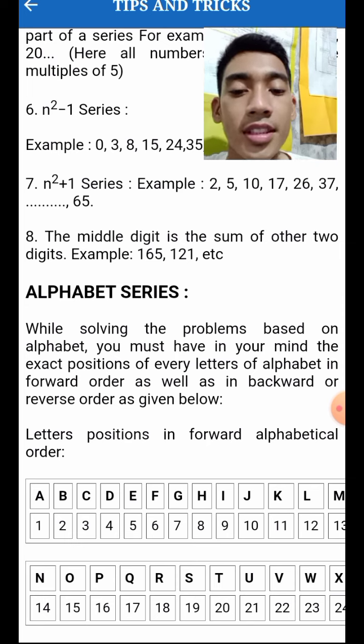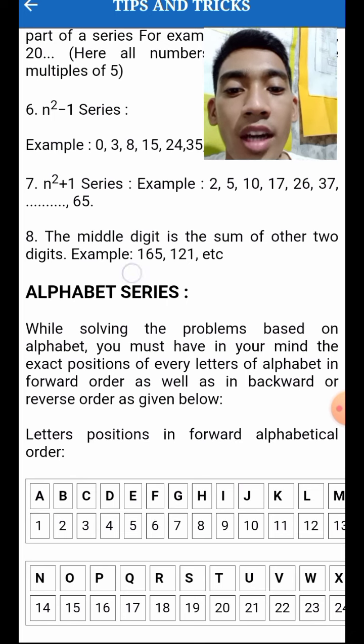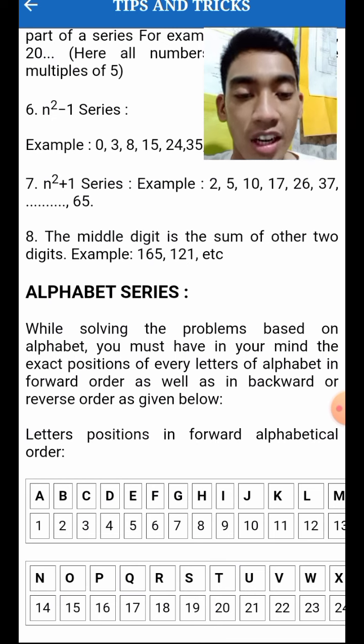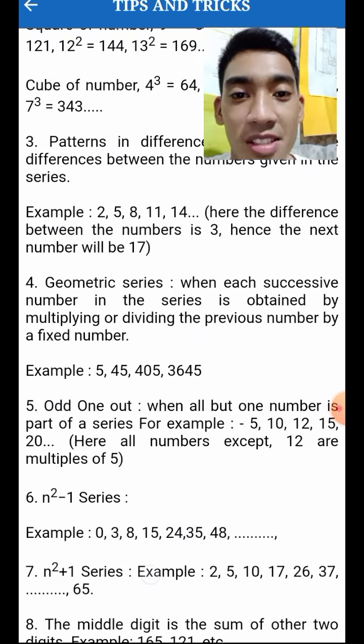Our middle digit here is 6, and if you add 1 and 5, it will give us 6. 121: 1 plus 1 will give us 2. The middle digit is the sum of the other two digits. That's for number series.